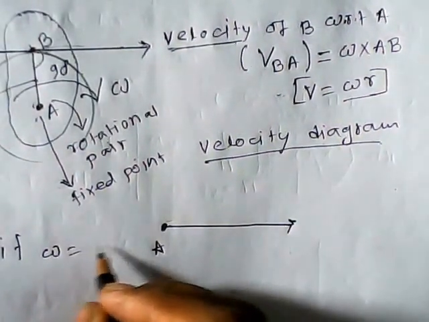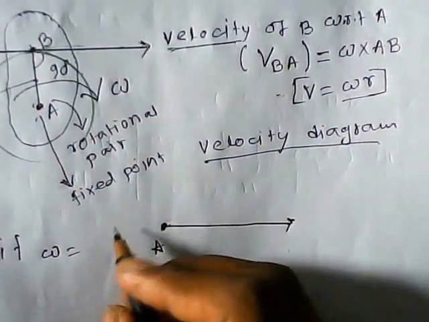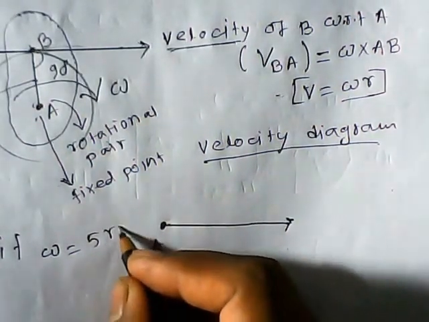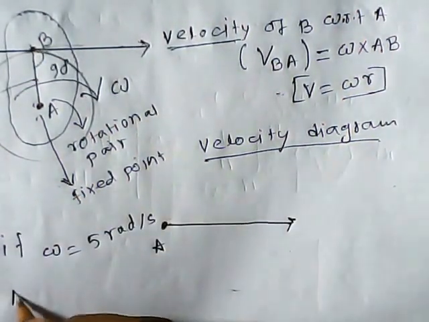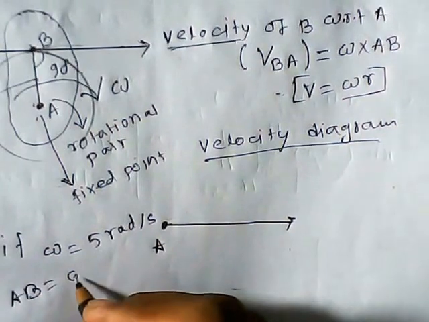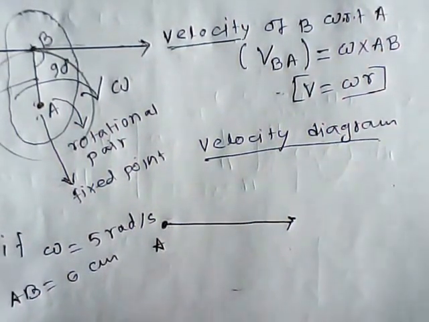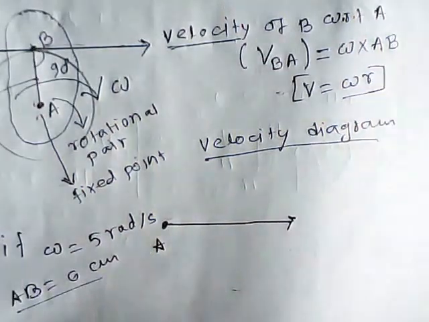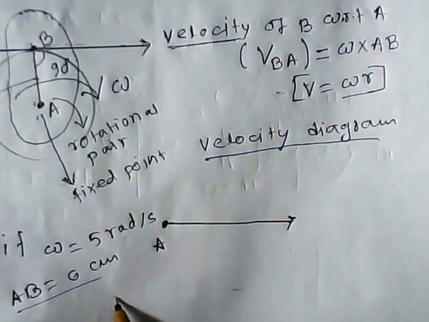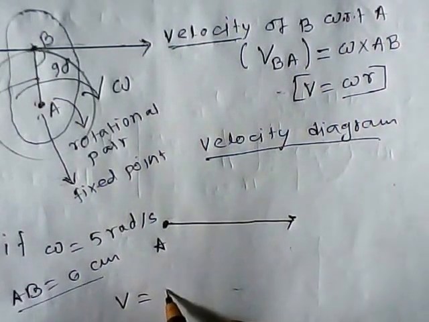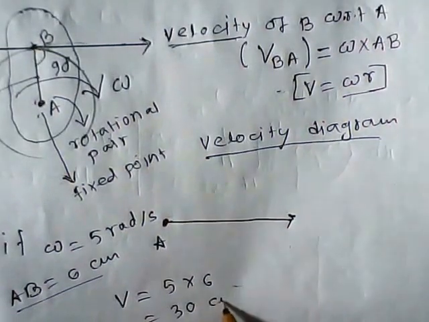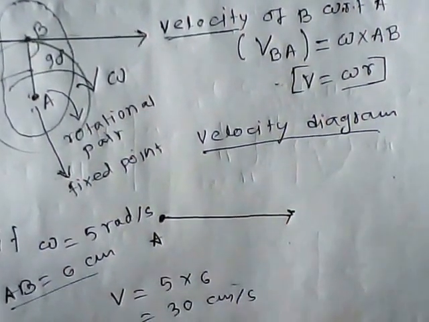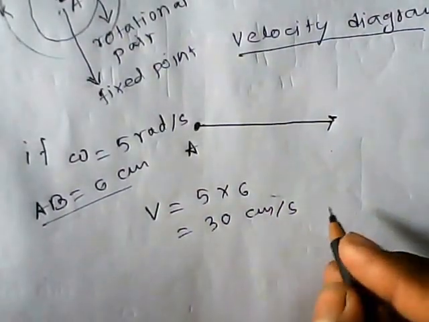Now if omega equal to 5 radian per second is given, and the length of the link is, suppose, 6 centimeter, AB equal to 6 centimeter, so the velocity V equal to omega into AB, that is 5 into 6, that is 30 centimeter per second.